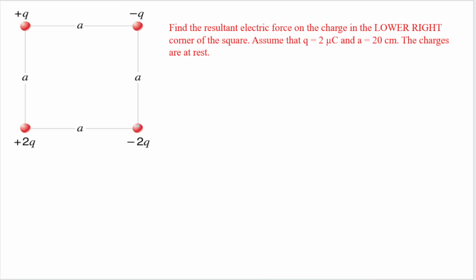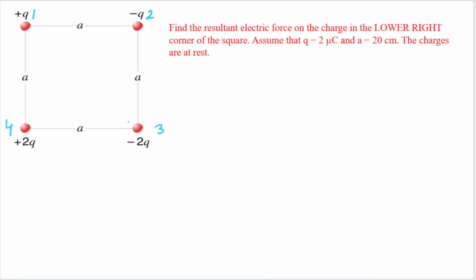So let's do that. We apply the principle of superposition. Let us label these charges for the sake of convenience. I want to calculate what is the net force on 3 because of charges 1, 2 and 4.